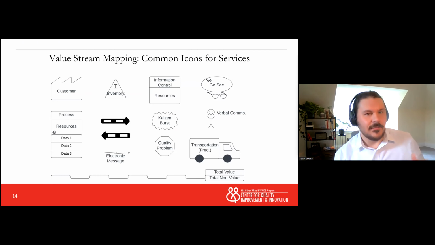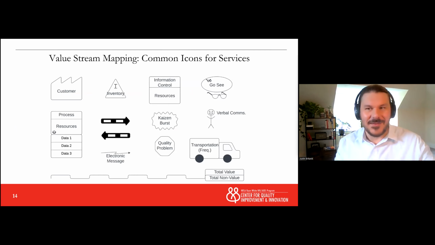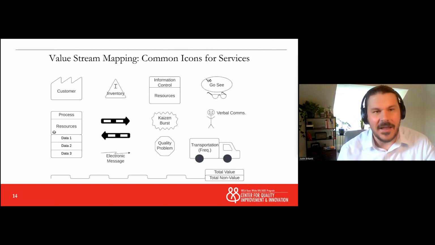Now, before we go from the SIPOC to the value stream map, some things to understand are the symbols, because these are a little bit different than our flowchart symbols. You're like, oh, where are the diamonds and the circles and all that? So this here that looks like a box with 3 triangles on top, that is our customer and stakeholder in the service.